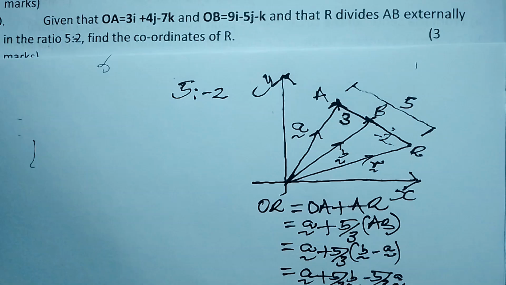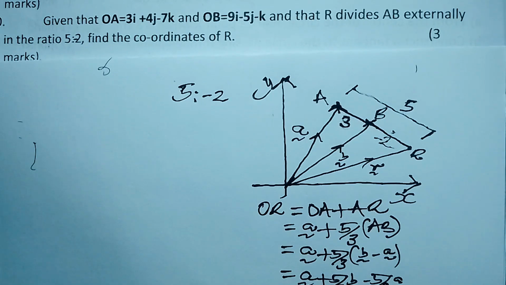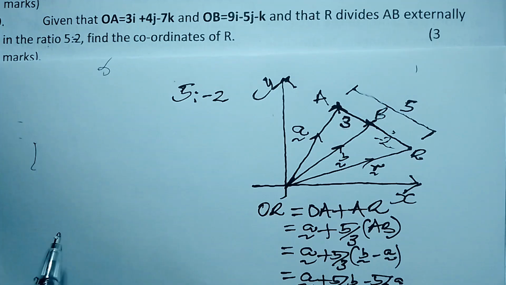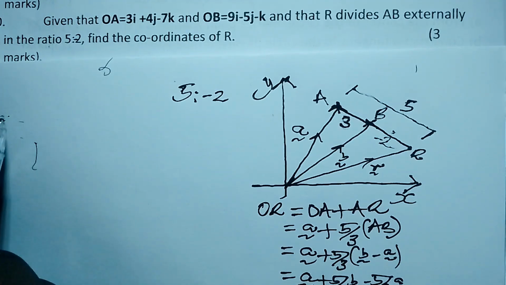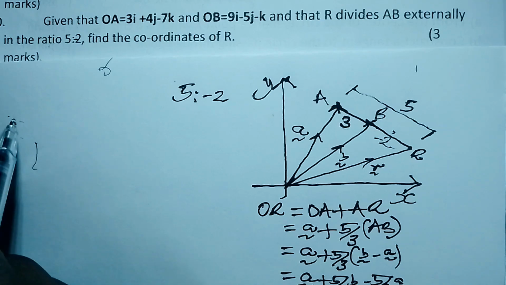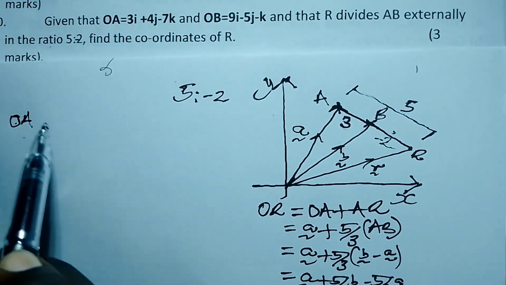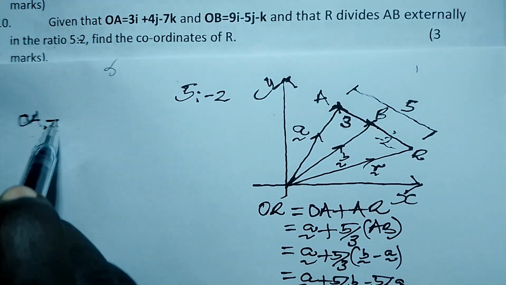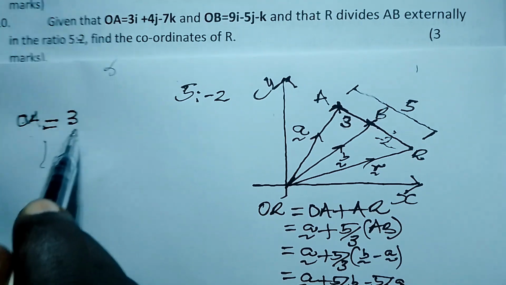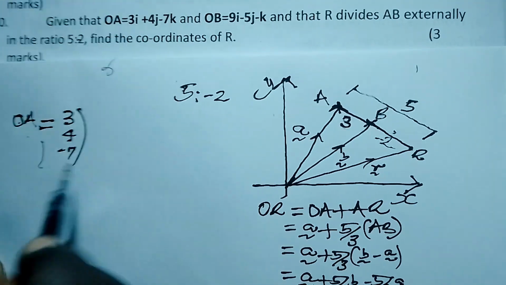We want to find the coordinates of R. Now, OA is given to us, and we can express OA in terms of a column vector. OA now will be given by (3, 4, negative 7), like that.